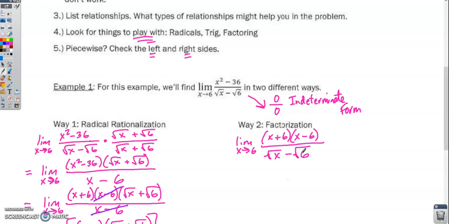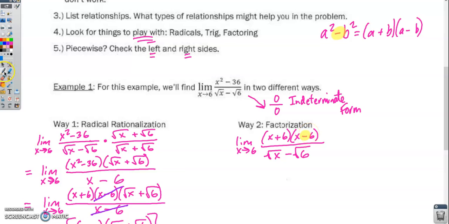I'm going to take the expression x minus 6, and I'm going to factor it as the difference of two squares. Remember that the quantity a squared minus b squared is equal to a plus b times a minus b. And so what I can do is I can factor any expression that is a binomial with a minus sign using this difference of two squares.